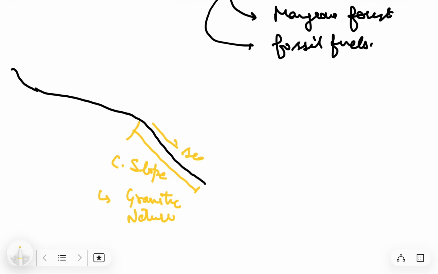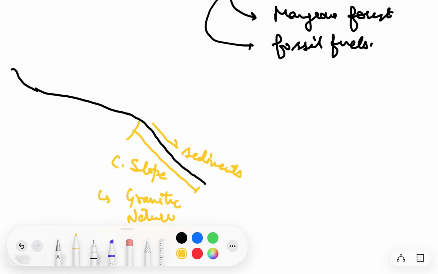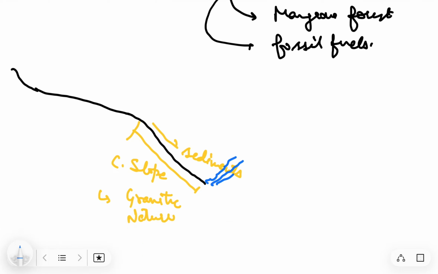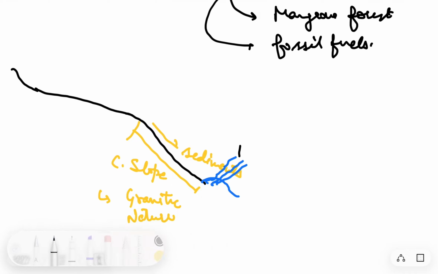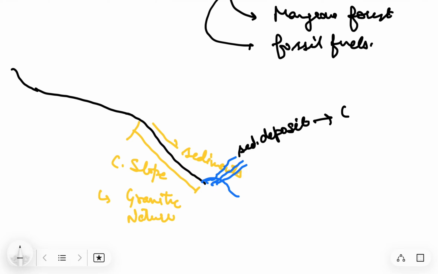So here we have more sediments, and the sediments will deposit here. So there will be some rise here, sediments deposit. This area is known as the continental rise.